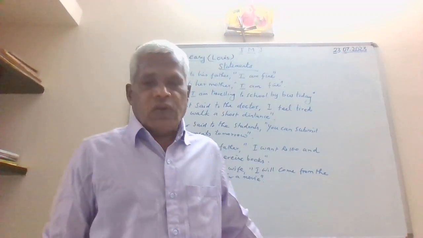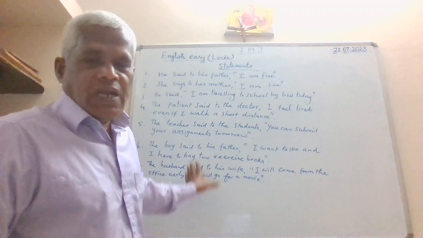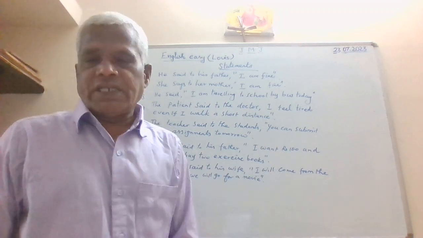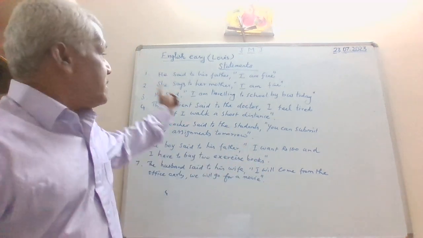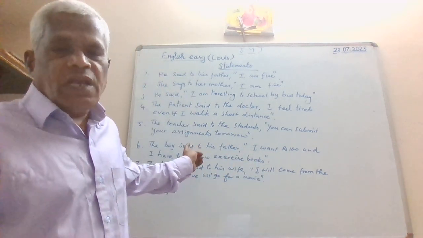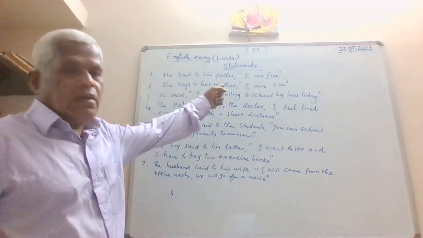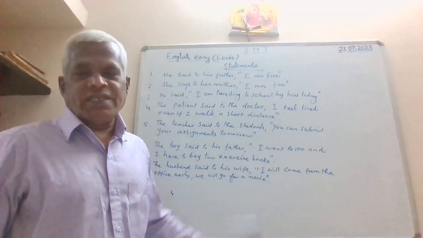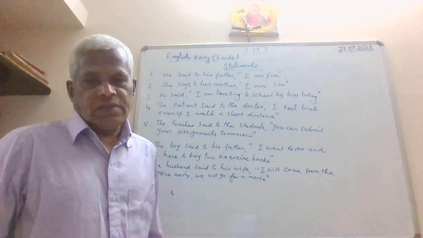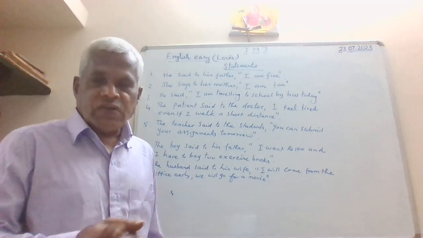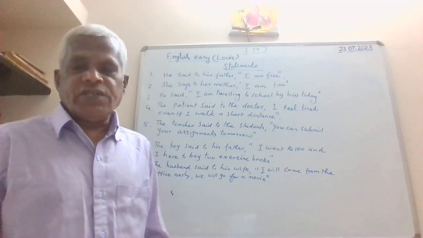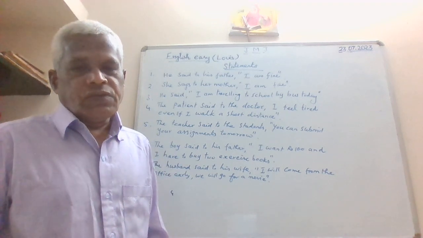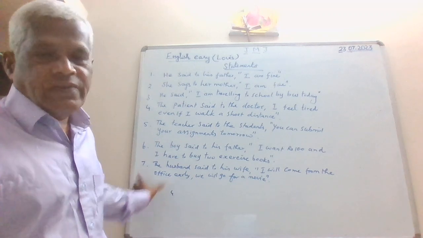Now, if you have noticed, I have written about 7 sentences, all direct sentences. All of them are written within the inverted commas, and they have various tenses also, because tenses also need to be changed while we are changing from direct to indirect speech.